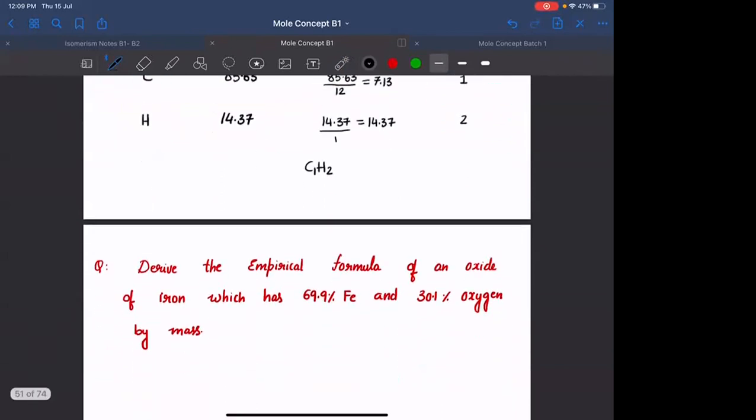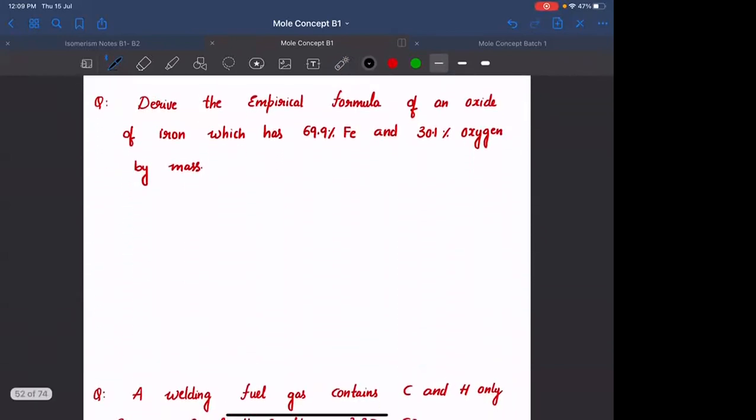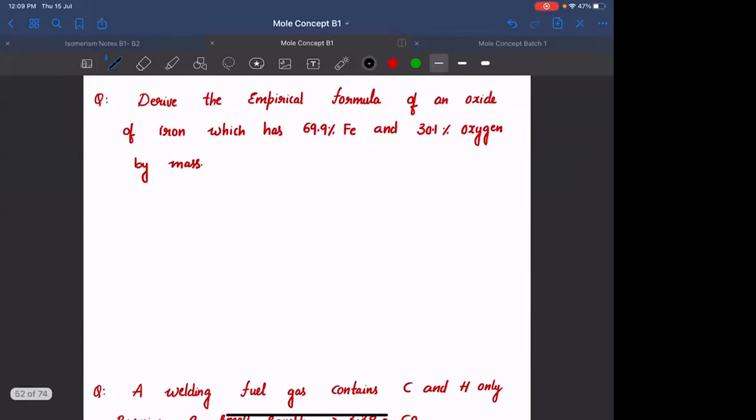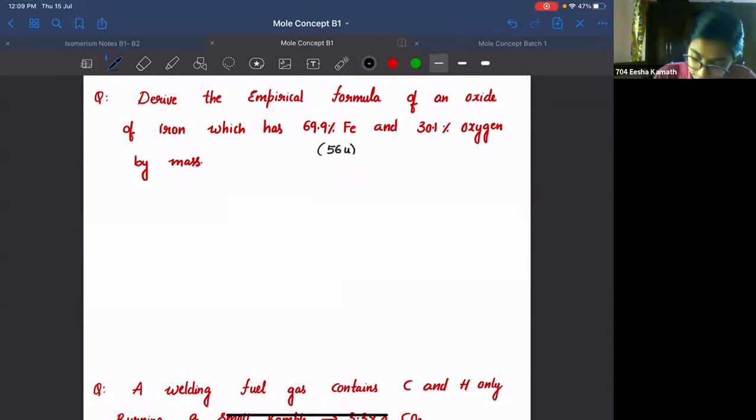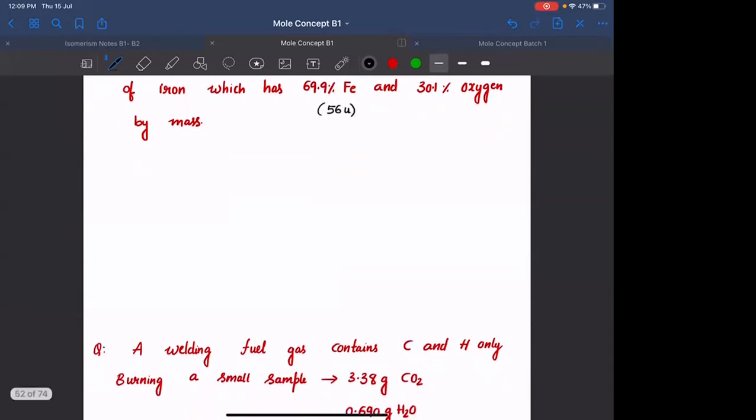Okay. Solve this question. Empirical formula of an oxide of iron which has 69.9% of Fe and 30.1% of oxygen. What is the atomic mass of Fe? 56. Okay. Please solve this.